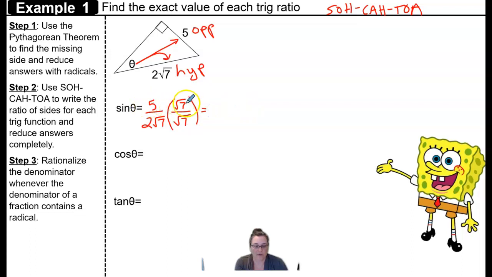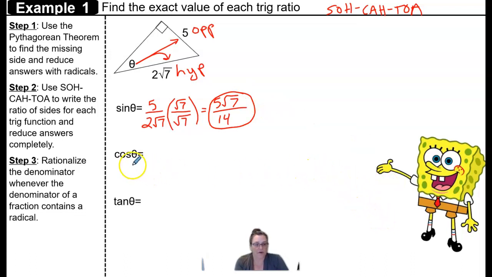So now in our numerator, we have 5 square root of 7, and in the denominator, 2 square root of 7 times square root of 7 is 2 times 7, which is 14. So the sine of theta is equal to 5 square root of 7 over 14.